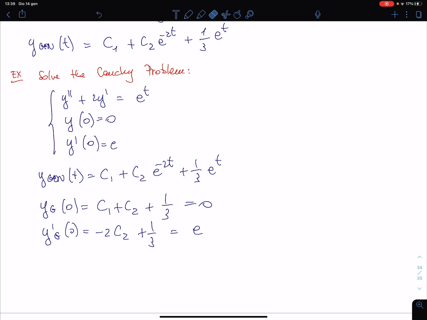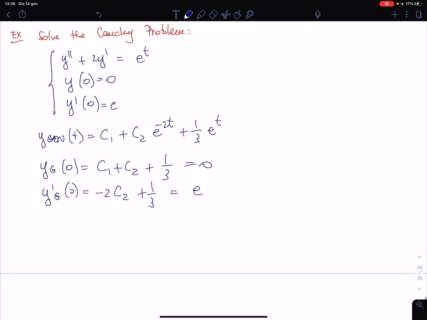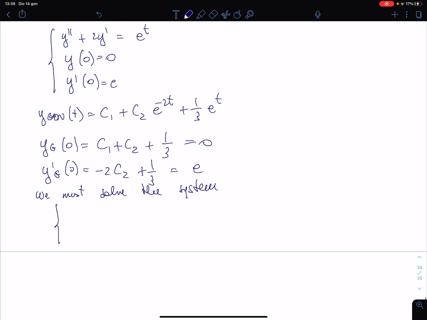So here we have the system, so we must solve the system. C1 plus C2 is equal to minus 1/3, and minus C2 is equal to e minus 1/3.